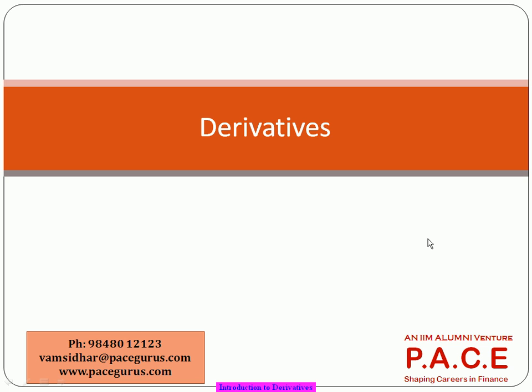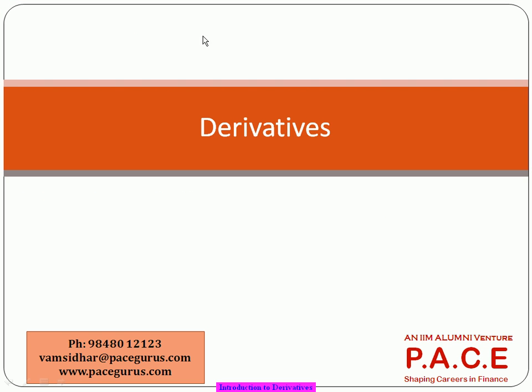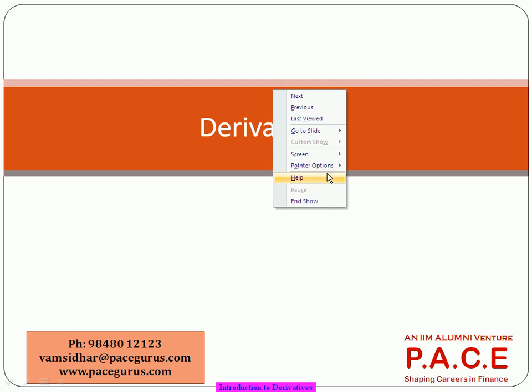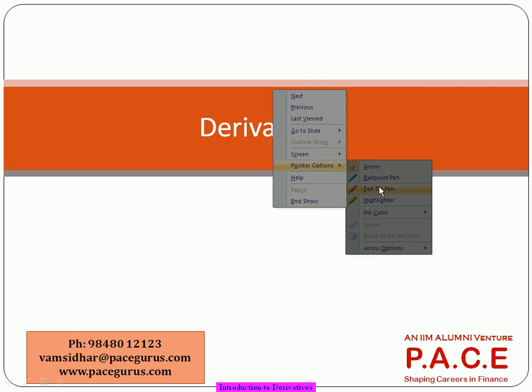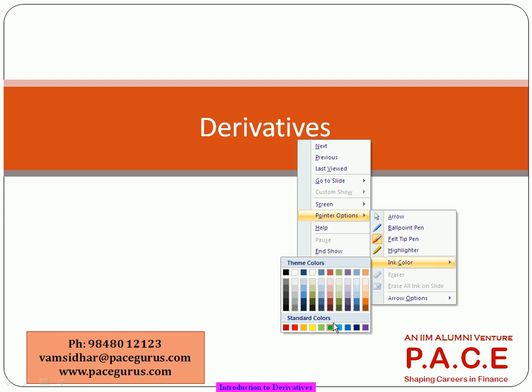But then it is purely based on how you expect the price will go in future. Let's say we talk about a commodity like wheat.